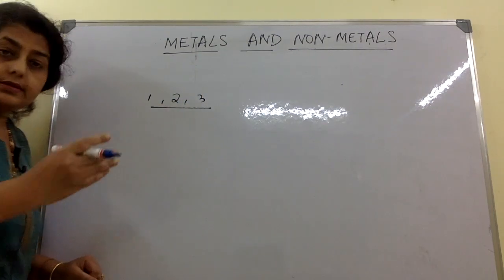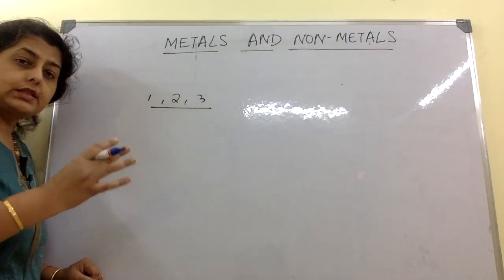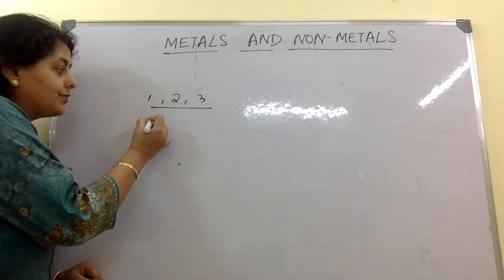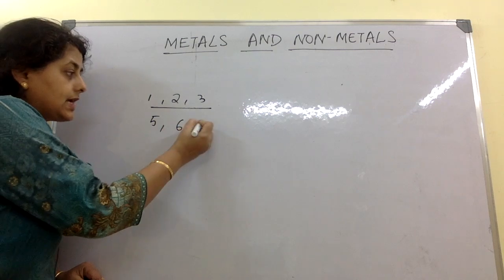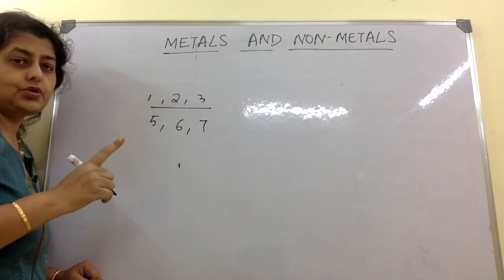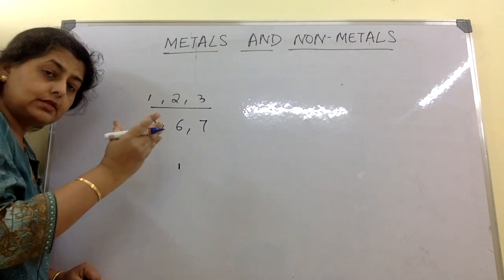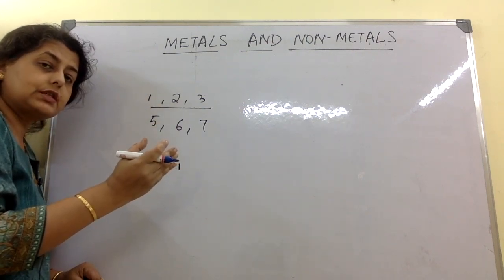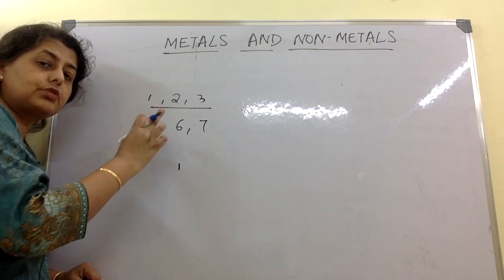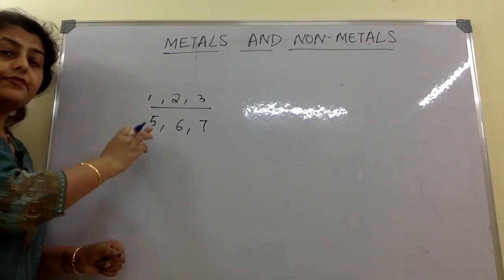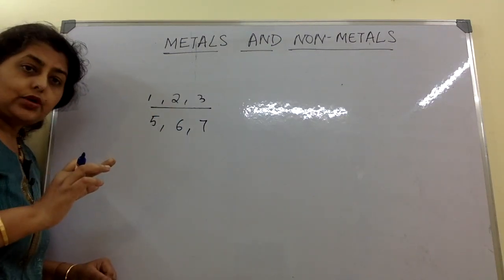Non-metals are the ones which have 5, 6 and 7 electrons in the outermost orbit. So if the number of electrons in the outermost orbit is 1, 2, 3, they are metals. If it is 5, 6, 7, then they are non-metals.